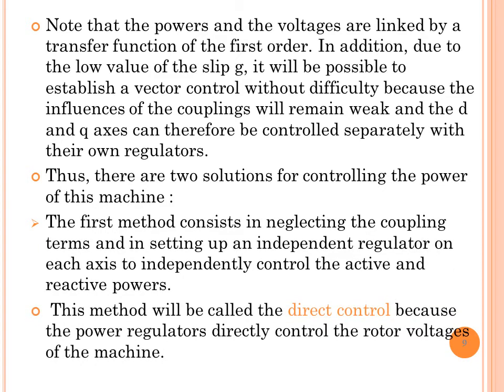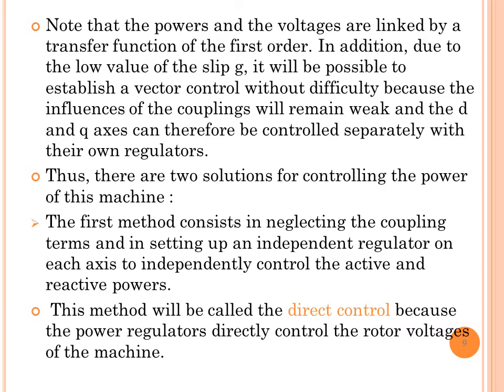Note that the power and the voltage are linked by a transfer function of the first order. In addition, due to the low value of the slip g, it will be possible to establish a vector control without difficulty, because the influence of the coupling will remain weak and the d and q axes can therefore be controlled separately with our regulator.